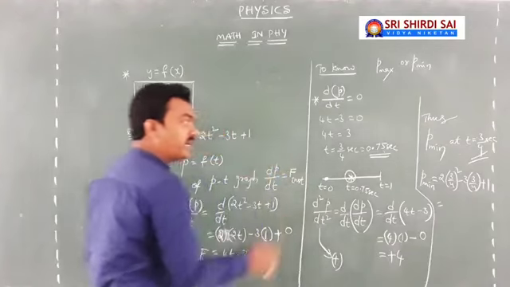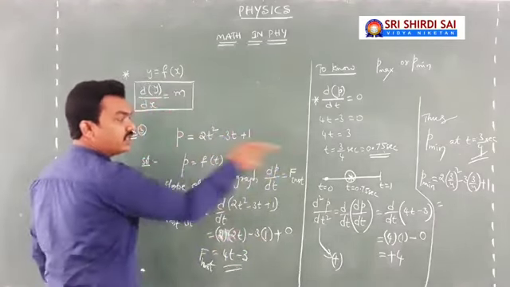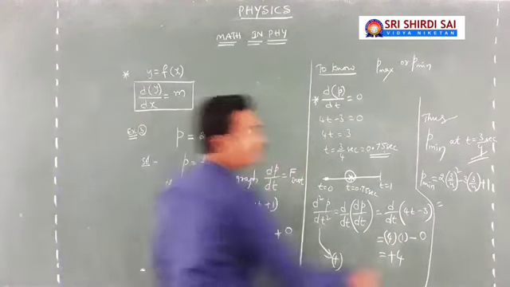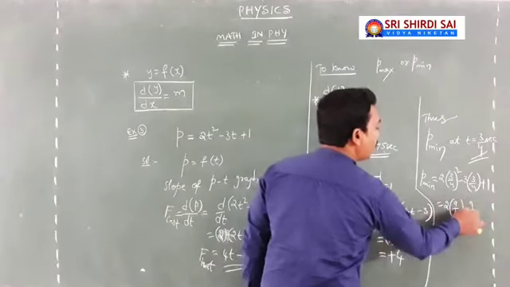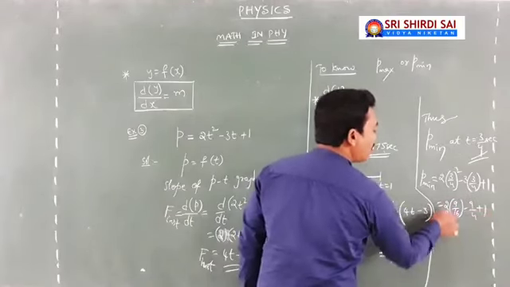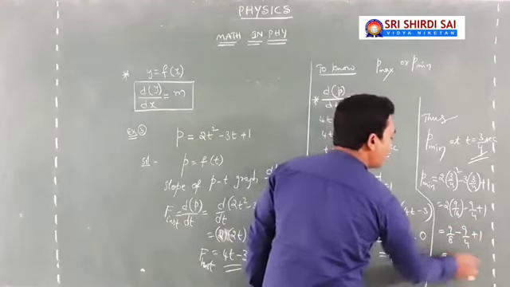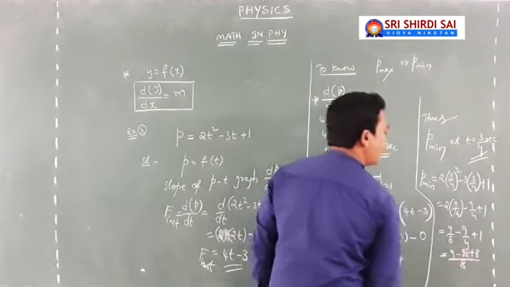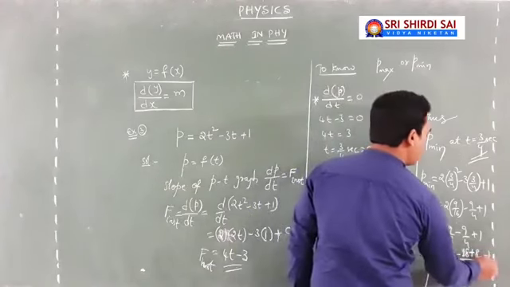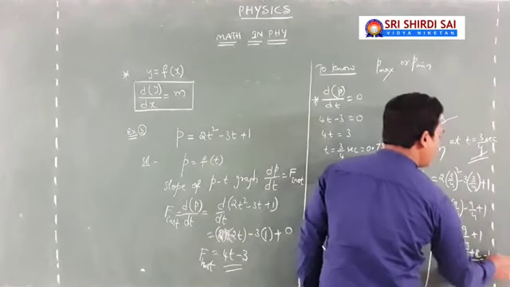To know the minimum momentum at t equal to 3 by 4 seconds, substitute t equal to 3 by 4. Then it is 2 into 9 by 16 minus 9 by 4 plus 1. Then this is equal to 9 by 8 minus 9 by 4 plus 1. You can take 8 as LCM. 9 minus 2 nines are 18 plus 8. Then this is going to be minus 1 by 8. This is in kg meter per second, of course, the units of momentum.